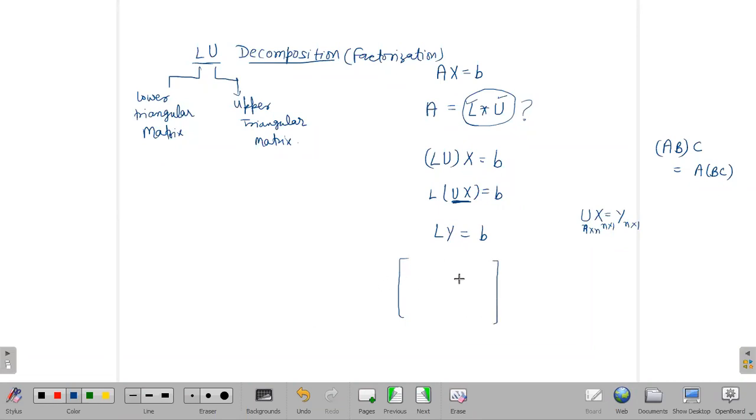Lower means the upper part will be 0, and in the lower part your entries may or may not be 0. Here it is a special matrix whose diagonal elements are 1, 1, 1. This part is 0, and this will be L21, L31, L32, and so on. Y is the column vector Y1, Y2 up to Yn.